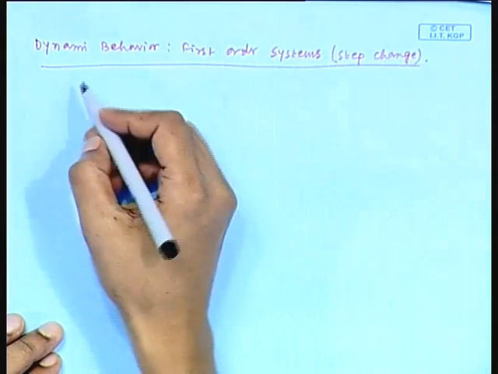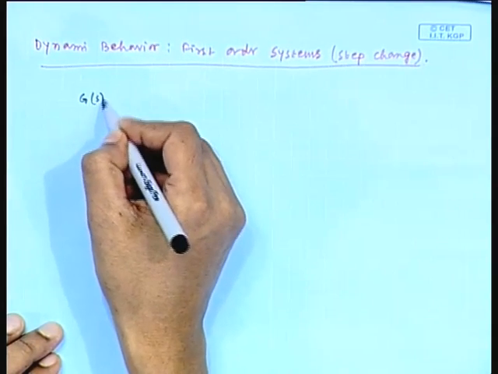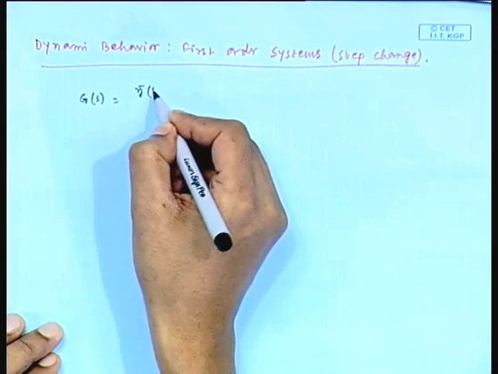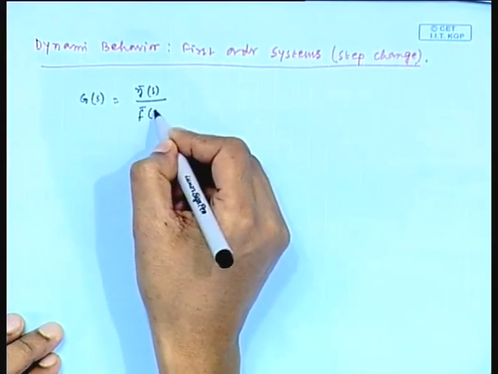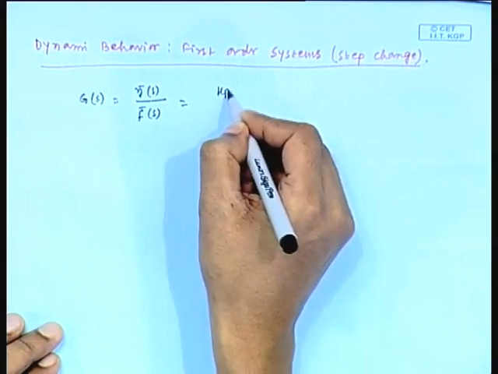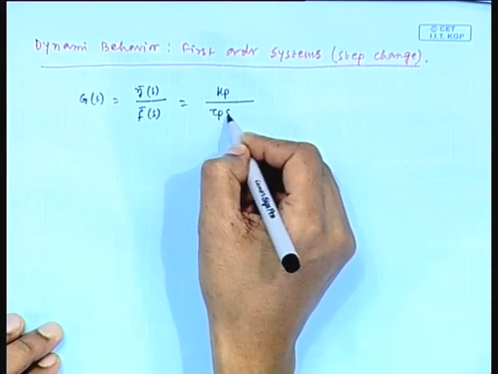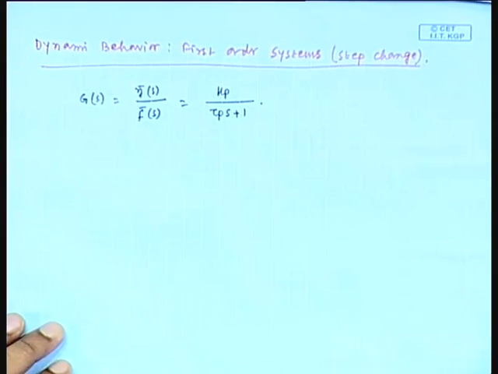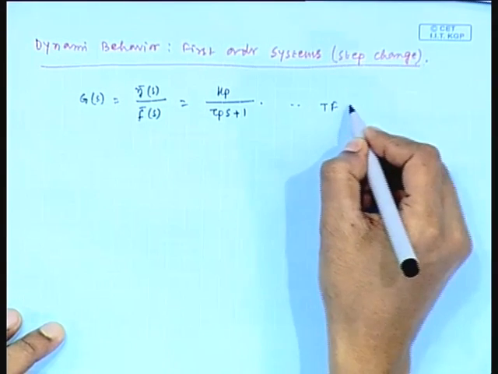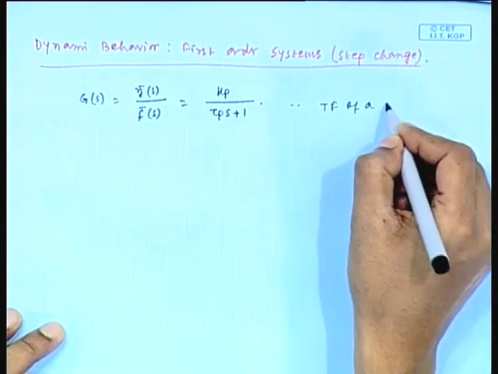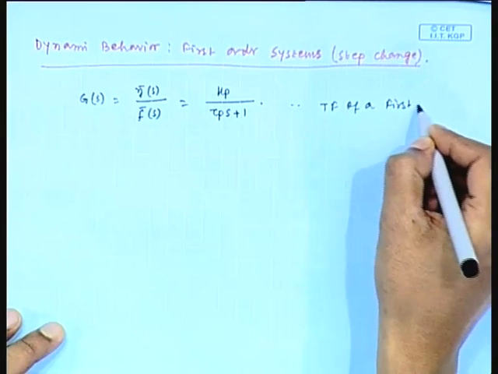So, the transfer function of a first order system is Kp divided by tau p s plus 1. This is the transfer function of a first order system.